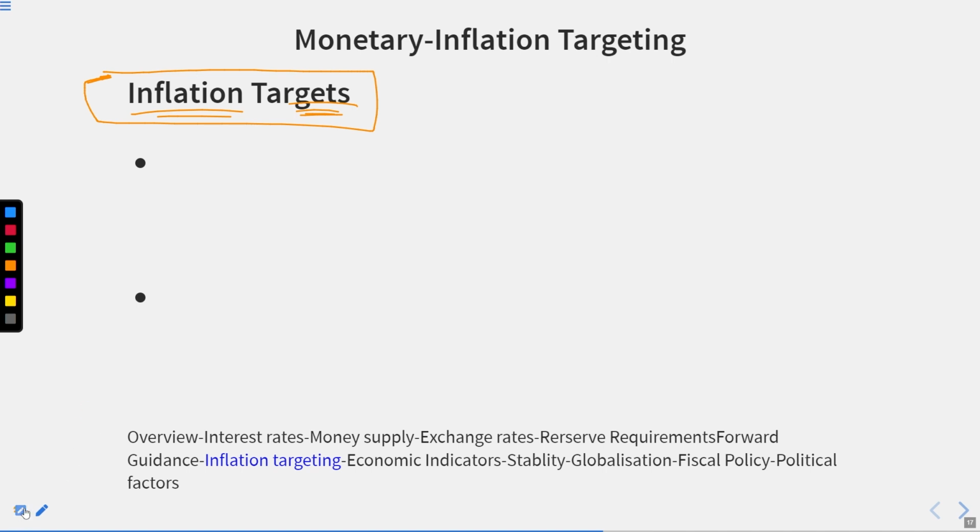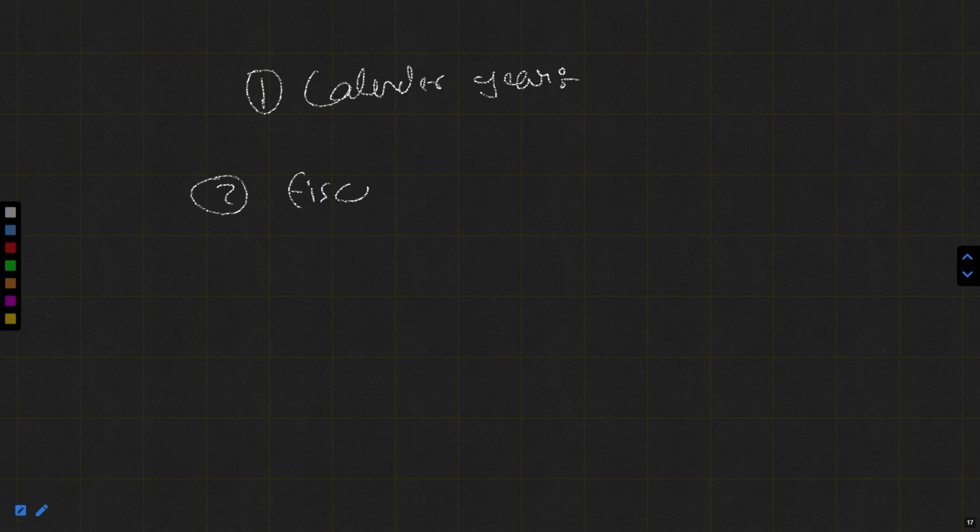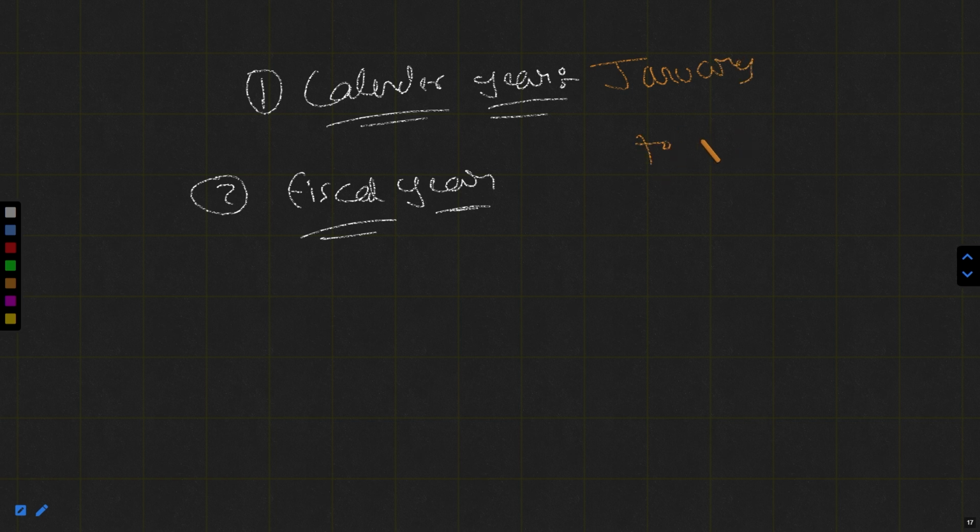And if we talk about the year, there are basically two types of year: calendar year, and then we have the fiscal year. Our calendar year is from January to December.